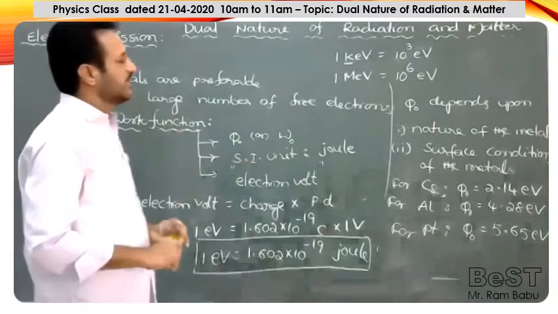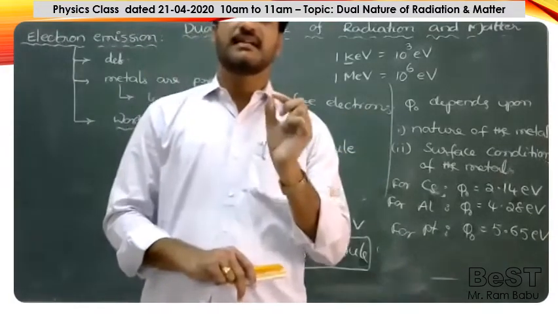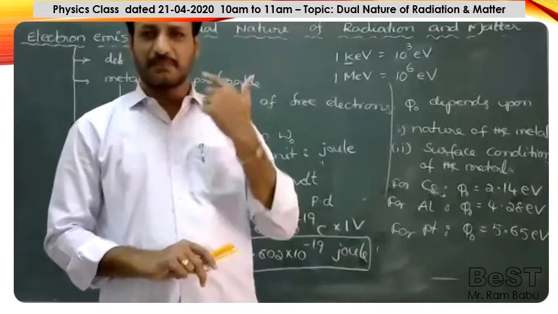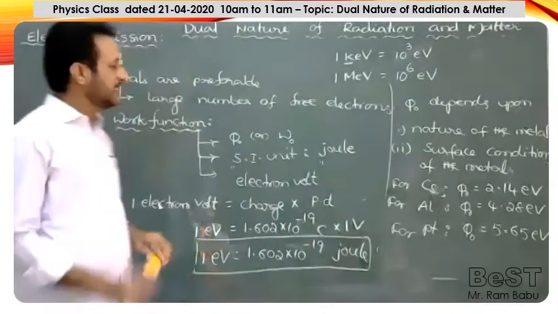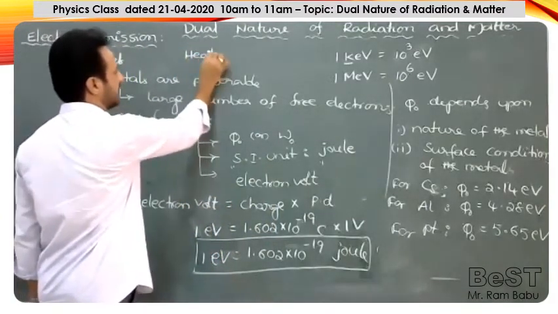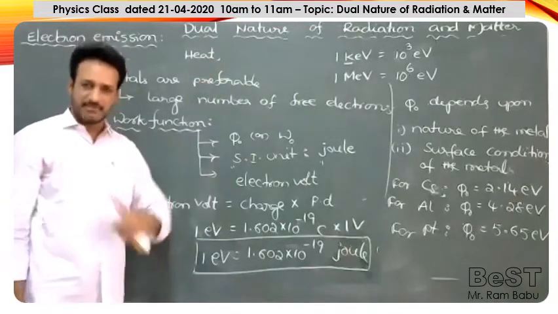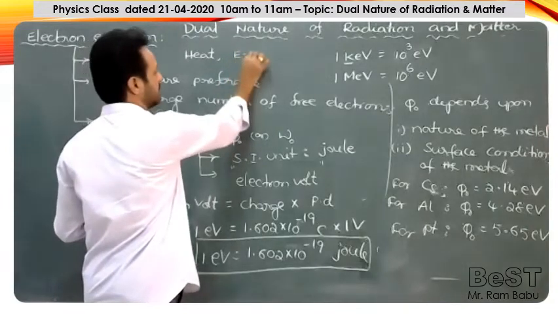And one more important point: if you want to make an electron come outside from the metal, some external energy has to be supplied. So we need to supply some energy from outside. But what type of energy do we have to supply? It may be in the form of heat. The energy supplied to the metal for emission of electrons may be in the form of heat, or maybe in the form of electric energy also.